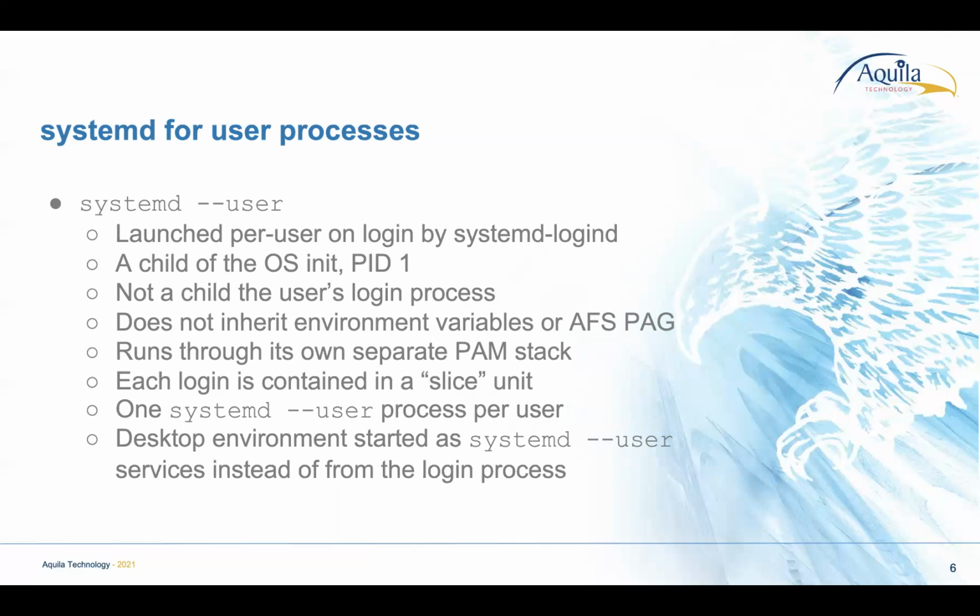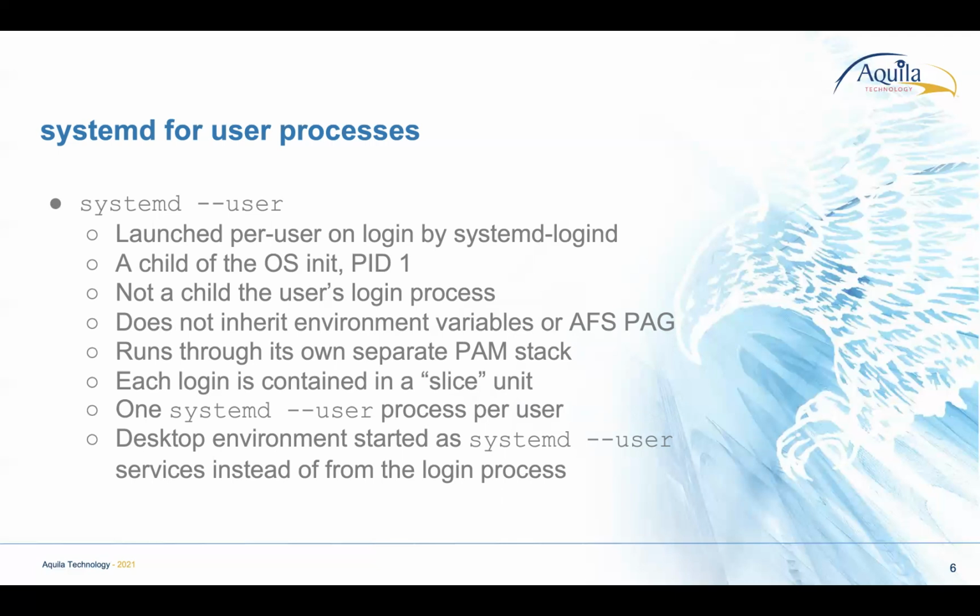It also doesn't inherit the keyring if you're using kAFS. It runs through its own separate PAM stack, so it can have some PAM settings set to it. By doing so, each login is contained in its own slice unit. And there's going to be one Systemd user process per user and not per session.